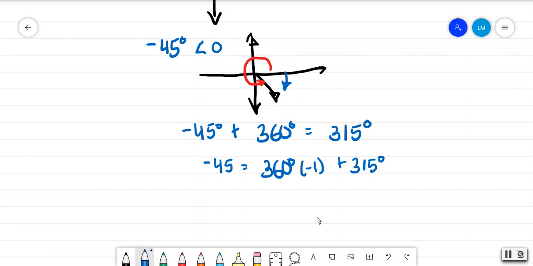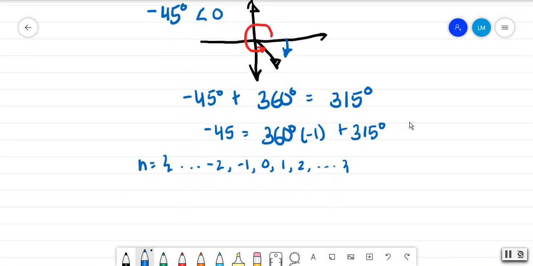So n can be negative 2, negative 1, 0, 1, 2, and so on. That's going to allow you to think of it that way.